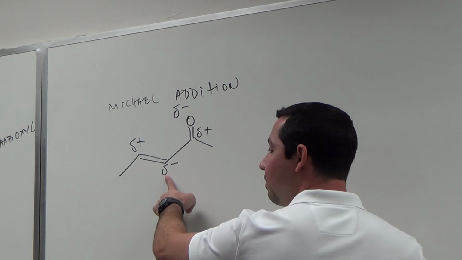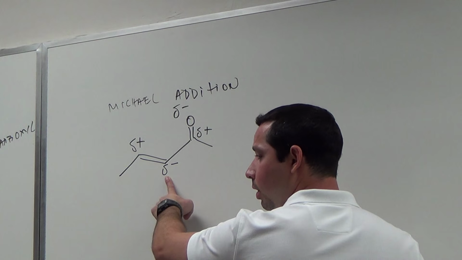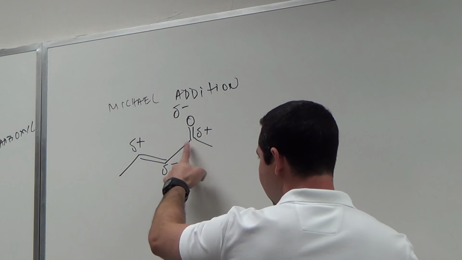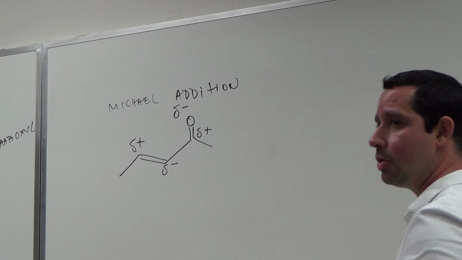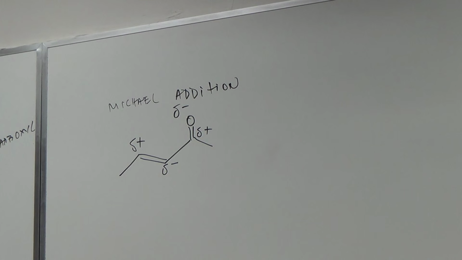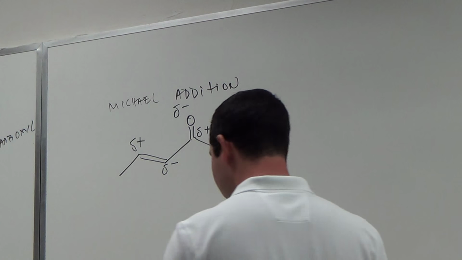Can the nucleophile ever attack here? No, never. It can either attack here or it can attack there. Yes or no? Okay. The nucleophiles for this Michael addition, where are they going to attack? In the alpha, in the beta, or in the gamma, or in the omega? Beta. So this is going to be a beta attack is what we are going to do here.